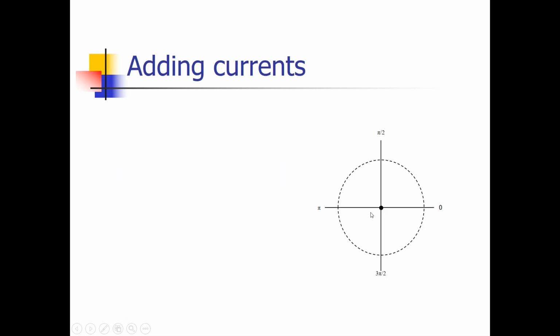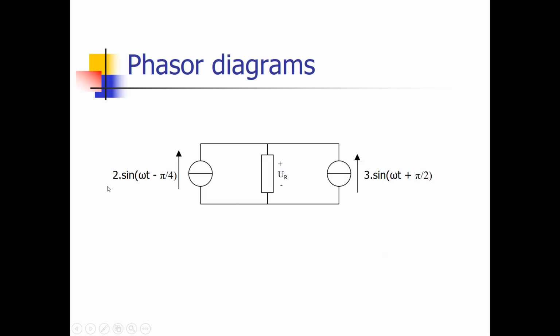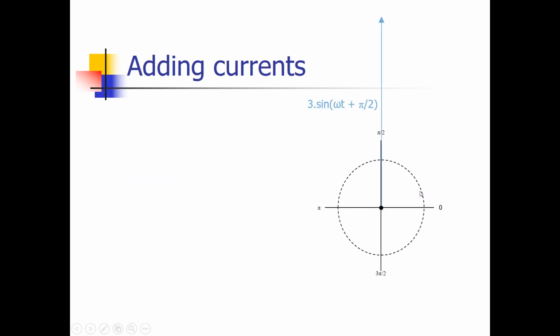Well, let's do it. We have two currents which we defined over here. This one has an amplitude of 2 amps and a phase angle of minus pi over 4, which is minus 45 degrees. This current has an amplitude of 3 amps and a phase angle of pi over 2 radians, which is 90 degrees. So we put them in a phasor diagram.